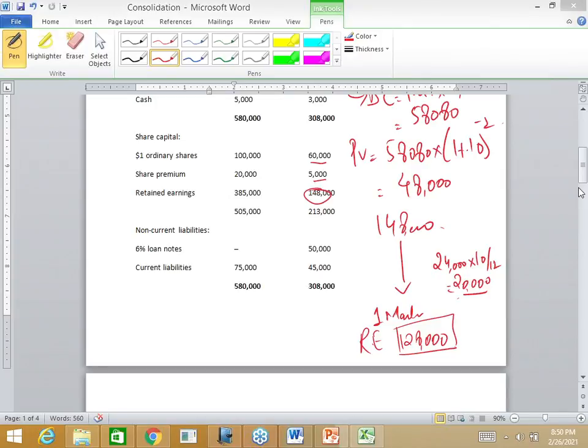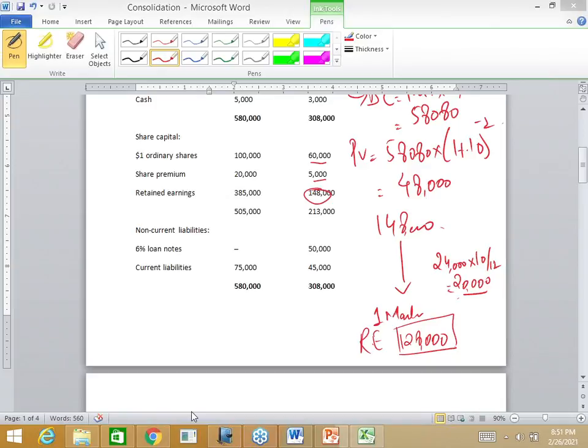But we will not make any changes in SFP in finding retained earnings at acquisition. I didn't get your question. Can you repeat your question?